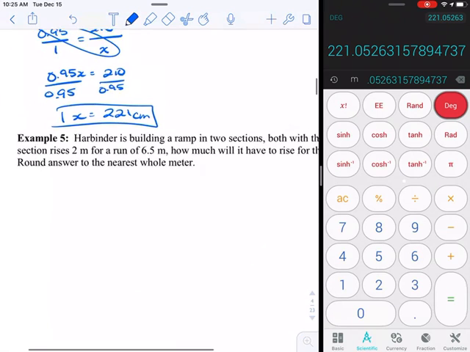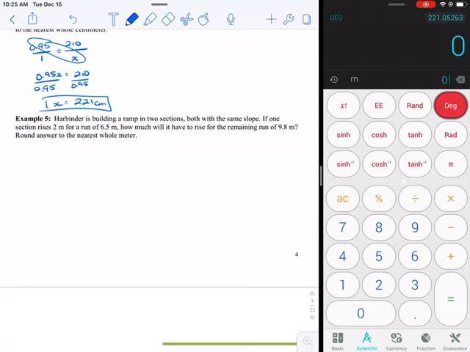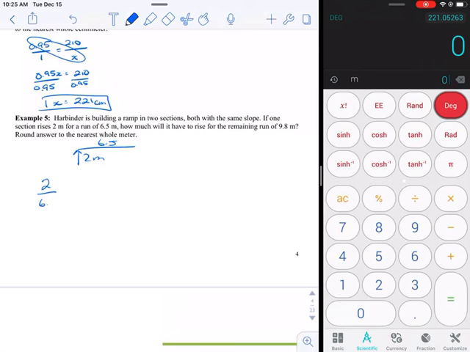All right, one more example. Harbinger is building a ramp in 2 sections, both with the same slope. The first section rises 2 meters for a run of 6.5. So our first slope is going to be 2 over 6.5. How much will it have to rise for the remaining run of 9.8 meters?